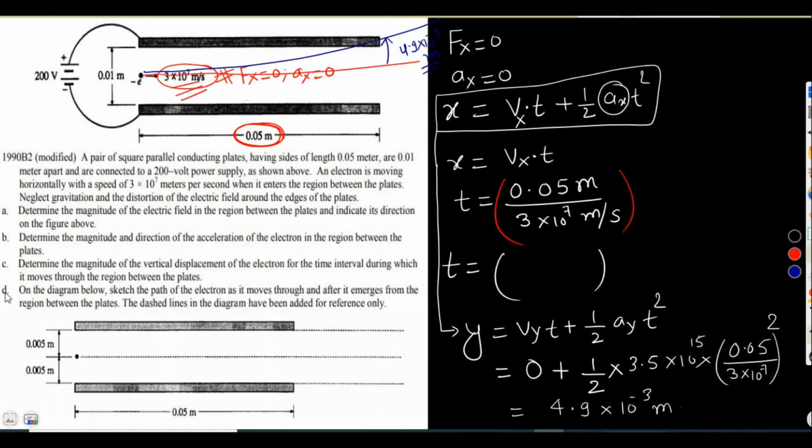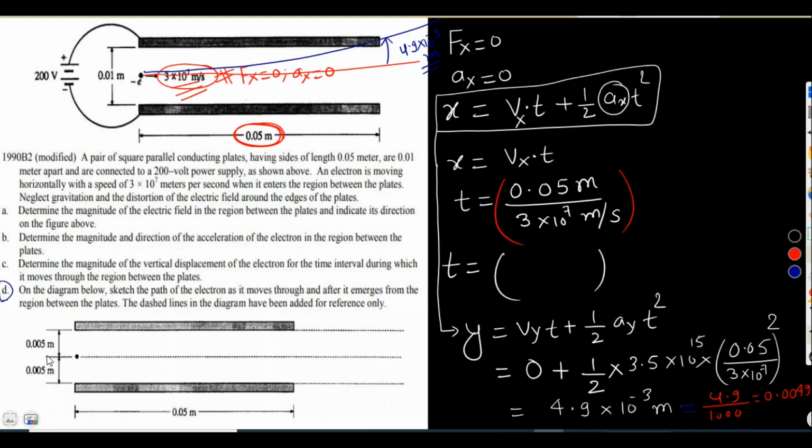Let us see part B. On the diagram below, sketch the path of the electron as it moves. So our value is 4.9 divided by 1000, so this is 0.0049, and this is 0.005.